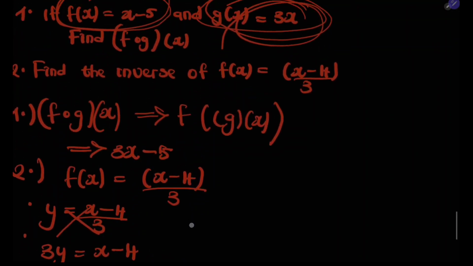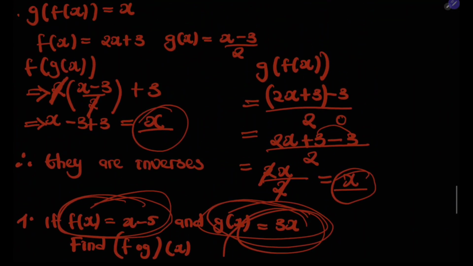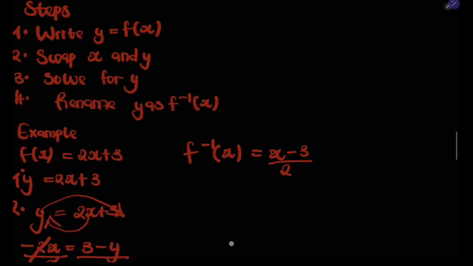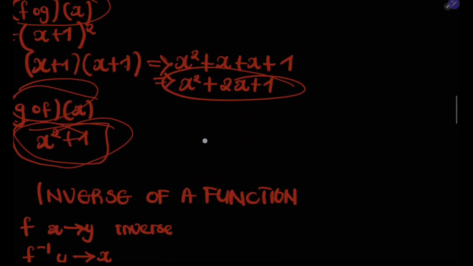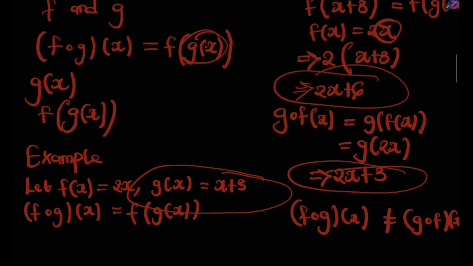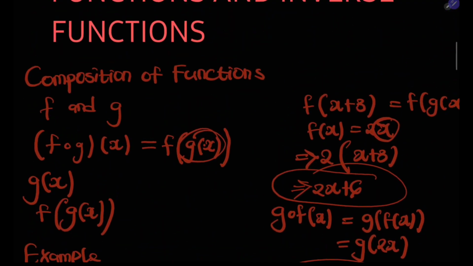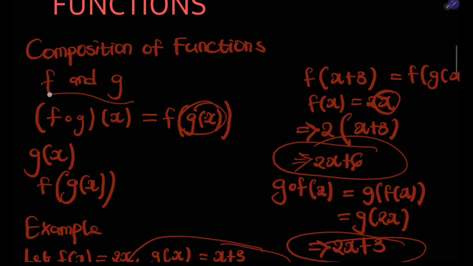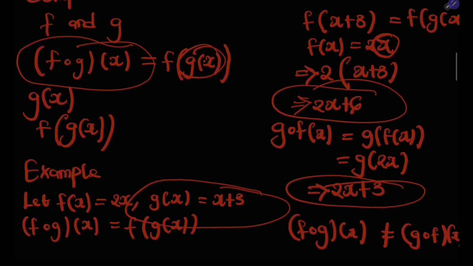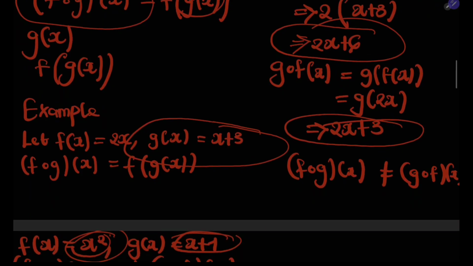Okay, so at this point we are going to have a very quick recap. So remember I said for the composition of functions, this is how it is written. And remember I said f of g of x and g of f of x are not commutative.